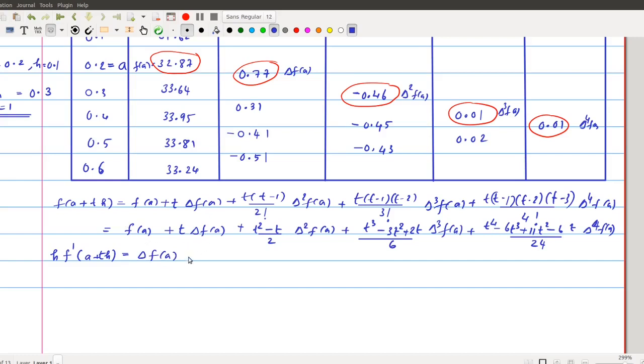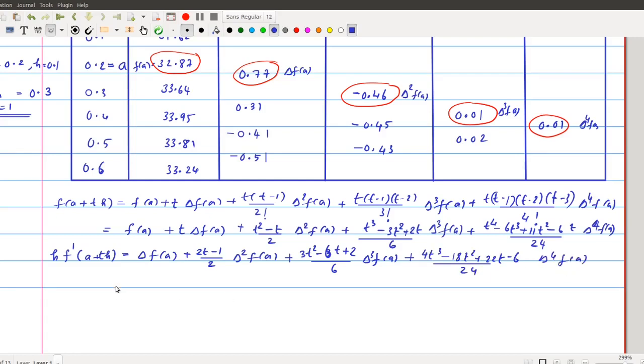From this you can write del f of a, and the next term will be (2t minus 1) divided by 2 del square f of a, plus (3t square minus 6t plus 2) divided by 6 del cube f of a. The last term will be (4t cube minus 18t square plus 22t minus 6) divided by 24 del raised to 4 f of a.